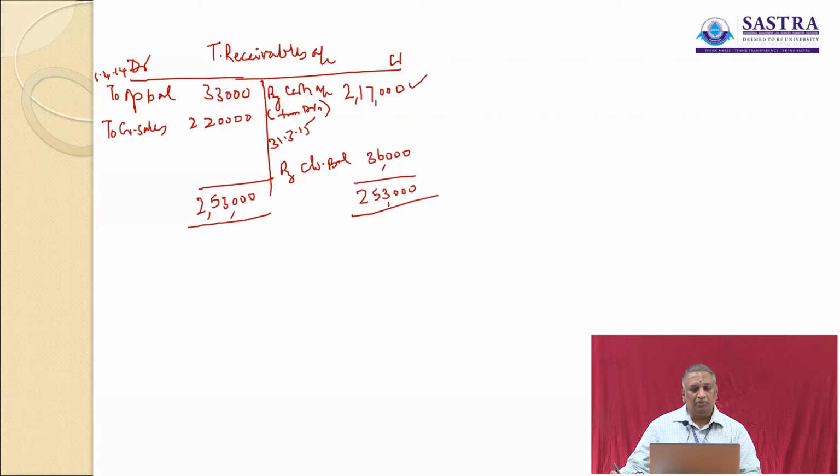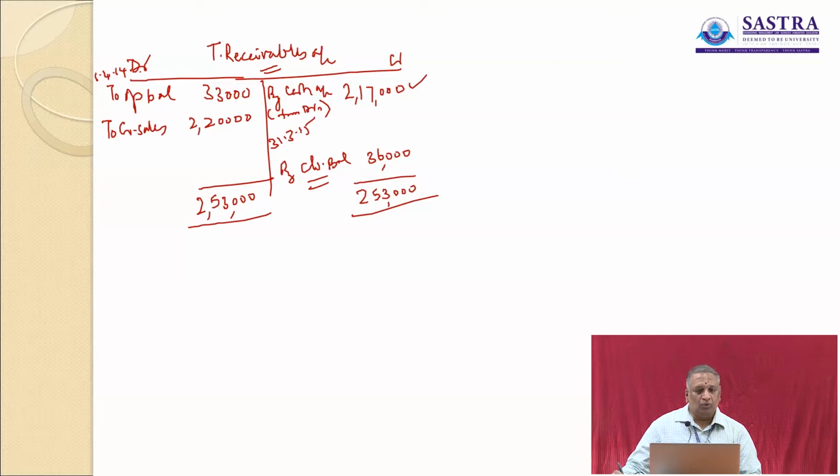So people who are comfortable with the ledgers can calculate cash from debtors like this, taking into account the opening balance. So for an asset item, receivable is normally a current asset. Normally a current asset will appear on the debit side of the trial balance and the asset side of the balance sheet. So we have to enter the opening balance on the debit side and the closing balance on the credit side.